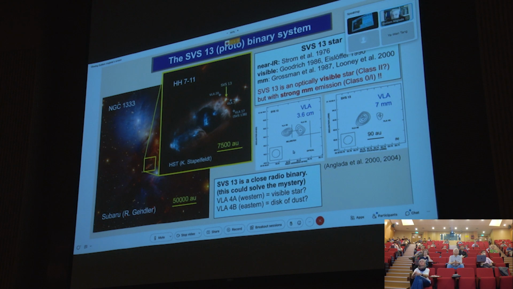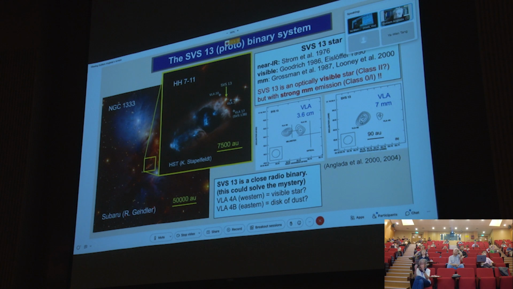In 2000 we discovered that in radio this star was actually a binary with a separation of about 90 astronomical units, and we proposed that one of the stars was the optically visible one and the other one was much more embedded.